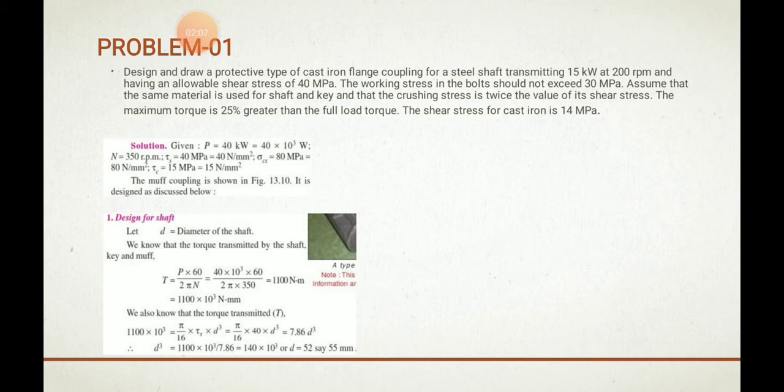As I told you, in every problem the first thing you have to do is read the problem, and then figure out what is given in the problem and what you are supposed to find out at the end. So we'll start with the solution.